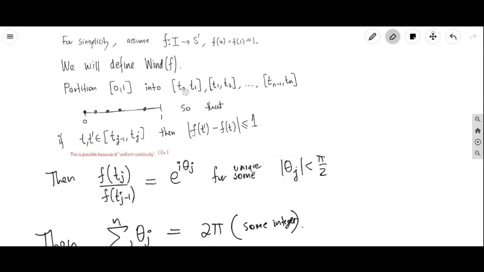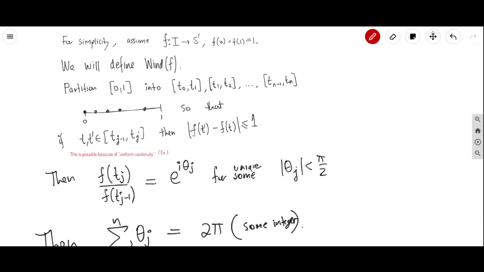Maybe if you had a different partition, maybe if you cut it up differently and recalculated these angles, you would get something different. So we've cut it up into, let's say, n subintervals. Let's say we have 20 subintervals. But what if we use 600 subintervals? Would we get the same answer? It turns out you do get the same answer.